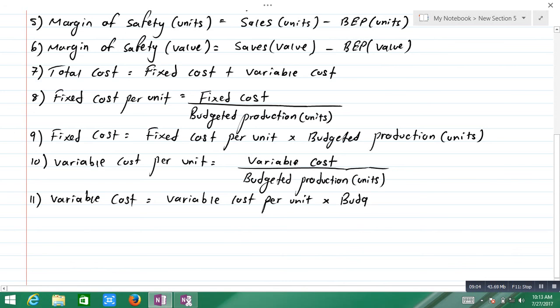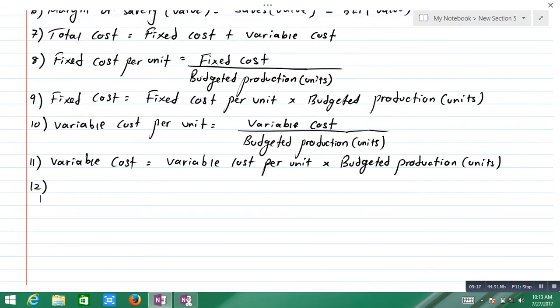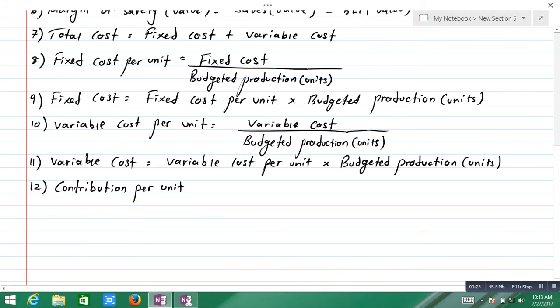Number twelve, contribution per unit is basically your selling price minus all your variable costs per unit.